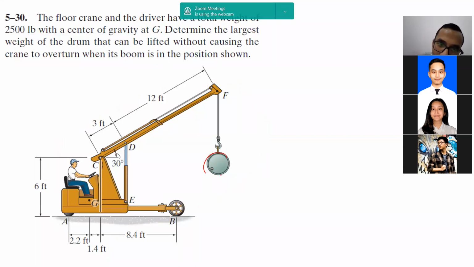Remember, when we have a weight here, the force happening at the crane will be going down, right? The weight will be pulling it down at point F here. Correct, Audrey. Yes. Okay, and try to imagine if the pulling force going down there is too much, what will happen to the crane, Audrey?